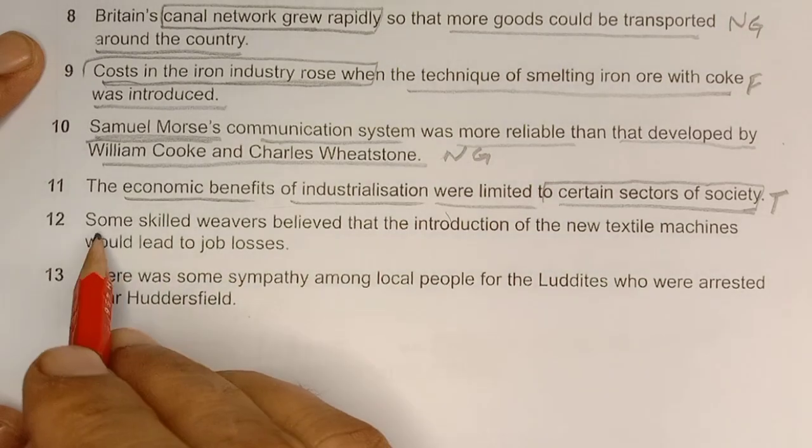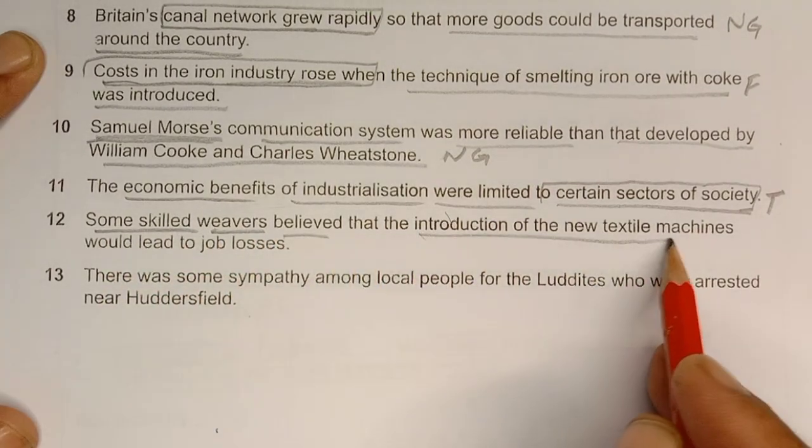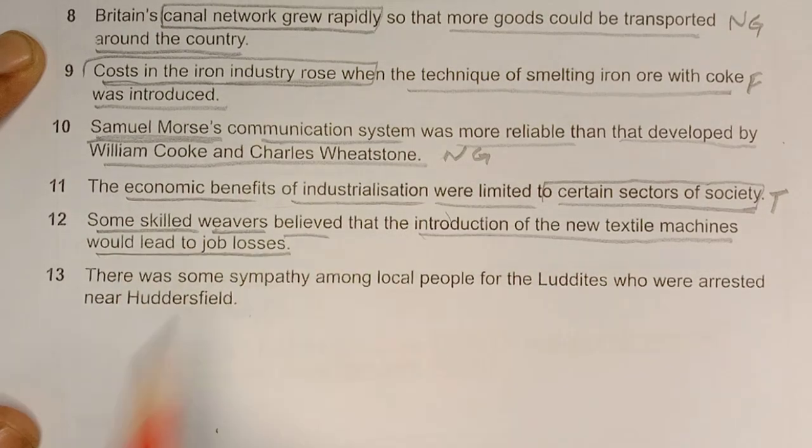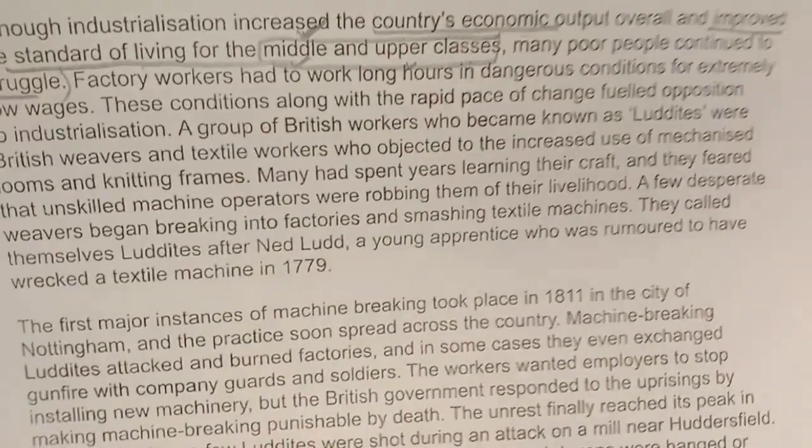The next statement: some skilled weavers believed that the introduction of new machines would lead to job losses. Some of the weavers, the workers in industry, believed that by introducing new machines they would lose their jobs. Is it true?